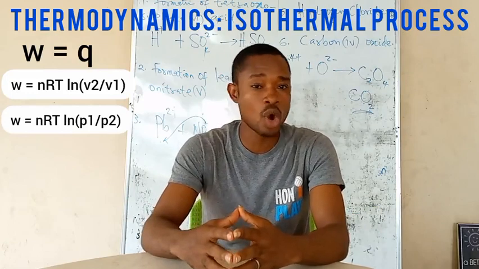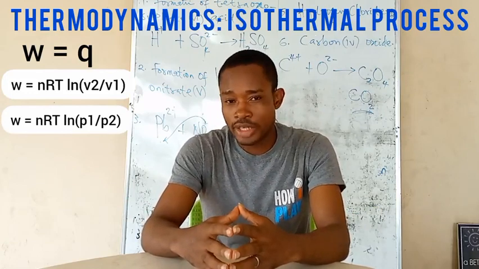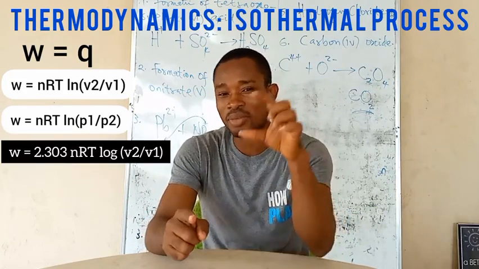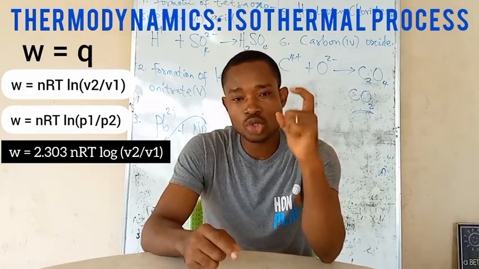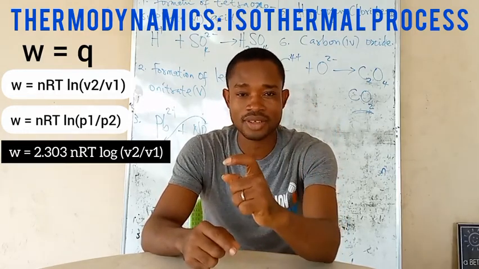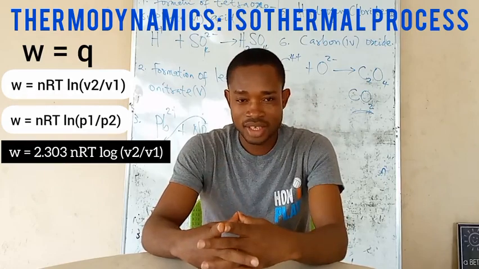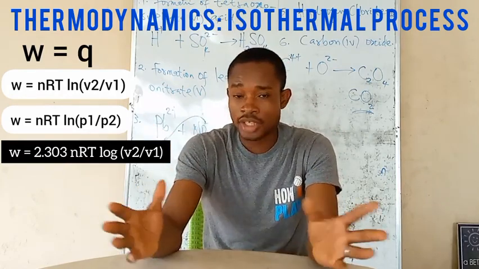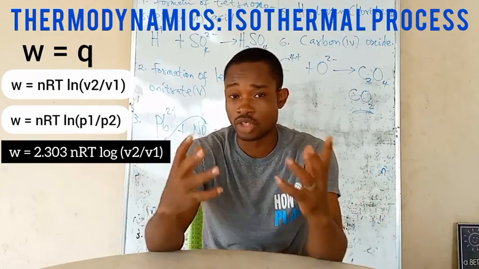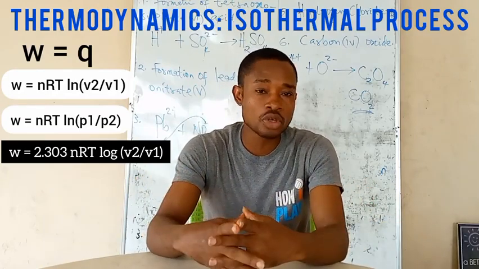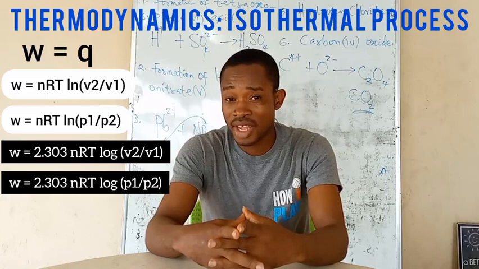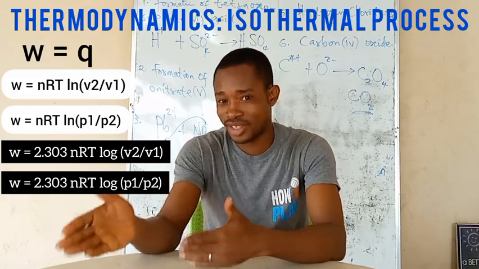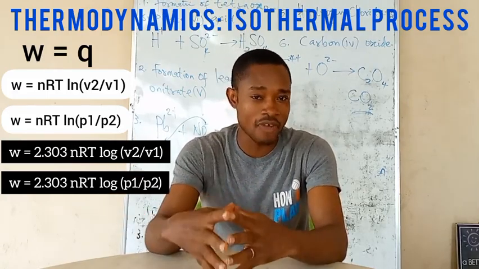Isothermal work W equal to 2.303. You must introduce that constant value. 2.303 nRT log V2 over V1. Or in terms of pressure, it is going to be W, which is work, equal to 2.303 nRT log P1 over P2.